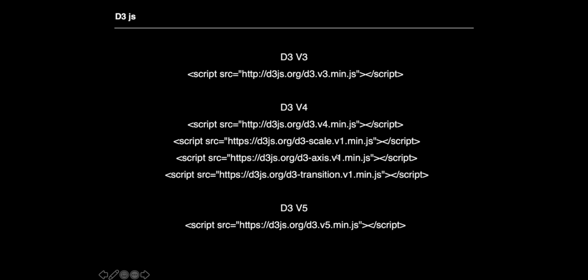I was personally not a fan of this. I just like everything in one document, especially when it comes to teaching or learning as a beginner. It's much more complicated to remember that you need to link this and the scale library and the axes library and the transition library. So luckily in the current version, which is version 5, they decided to go back to just having everything in one large file.